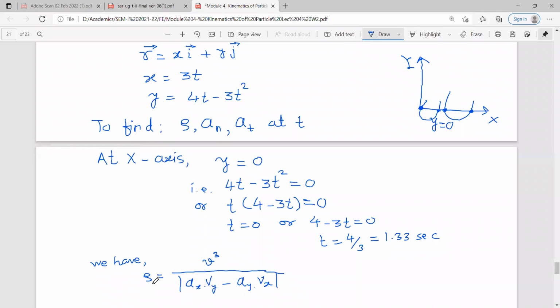So again, to find out the radius of curvature, you first have to find the equation for vx, equation for vy, equation for ax, equation for ay, and the total resultant velocity. You can find the same from this x and y coordinate. If you differentiate x with respect to time, dx by dt will be vx.